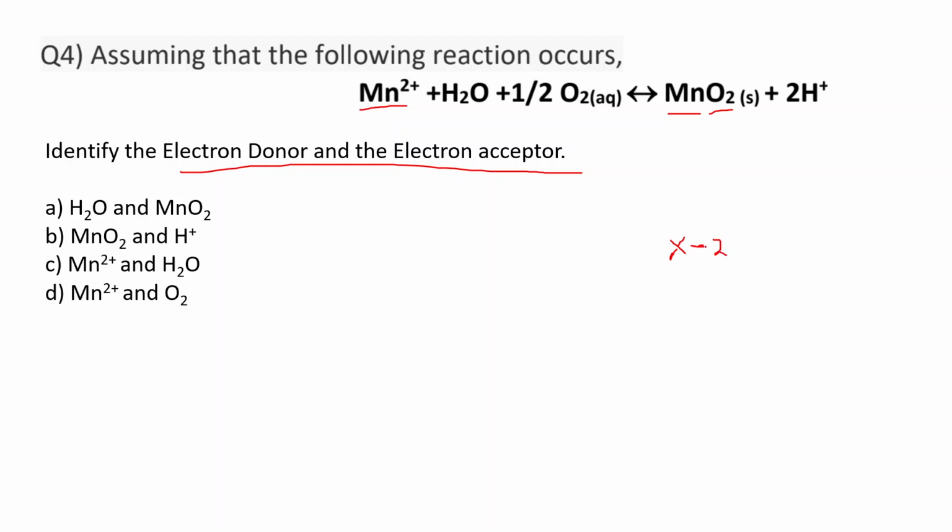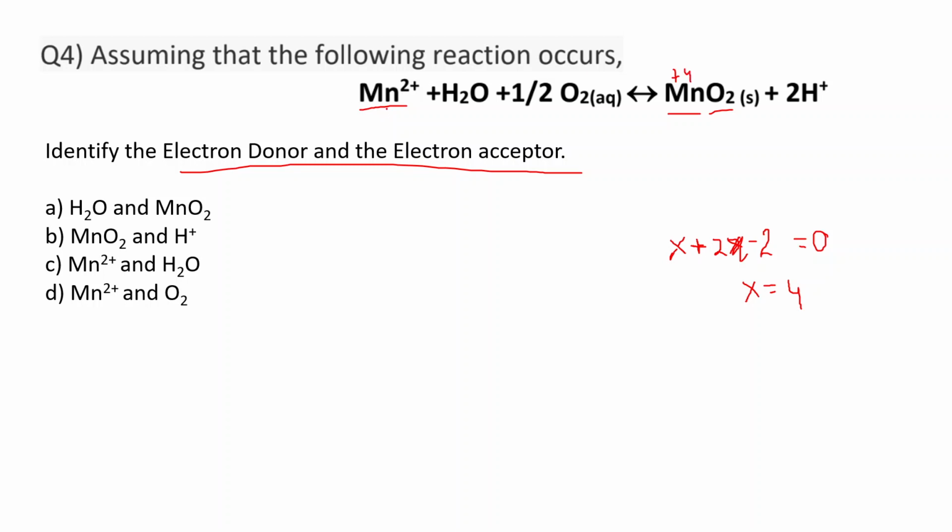X plus, what is the oxidation state of oxygen? It's -2, right? Which is equal to 0. So what is the oxidation state of X? It's +4, obviously. So here oxidation state of Mn is +4.